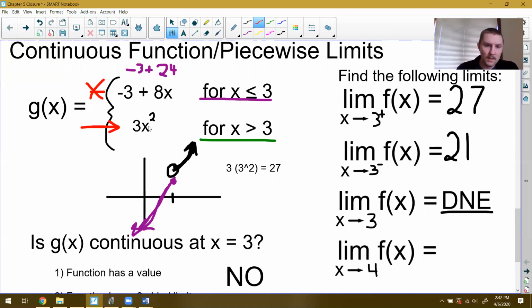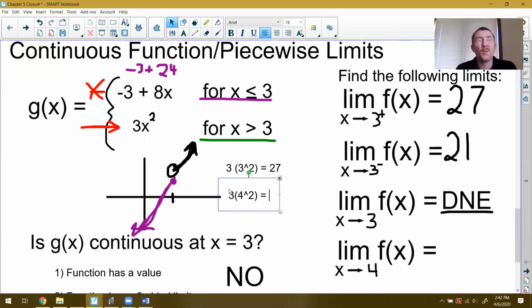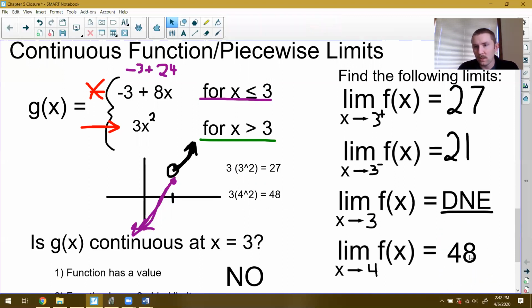So I'm going to plug 4 into that part of my function rule. It's going to say 3 times, in parentheses, 4 squared. What is 4 squared? 4 squared is 16. 16 multiplied by 3 is 48. So the value of the function, and the value of the two-sided limit as x approaches 4, is 48. I plugged in the value because it wasn't my boundary point, and I got a perfectly fine y value.